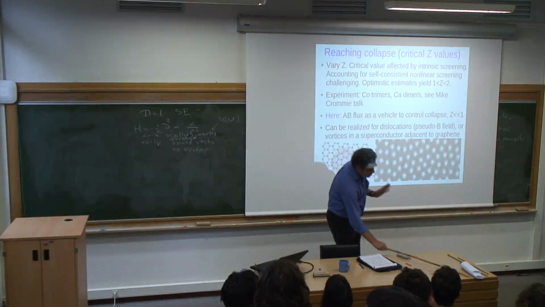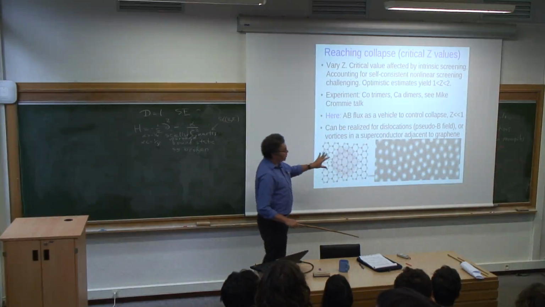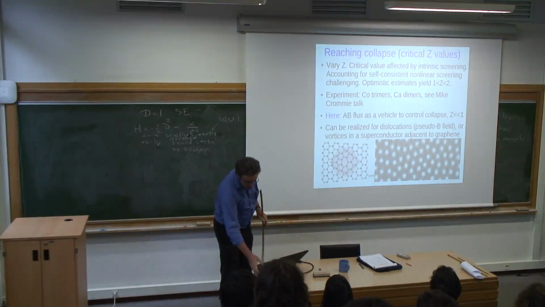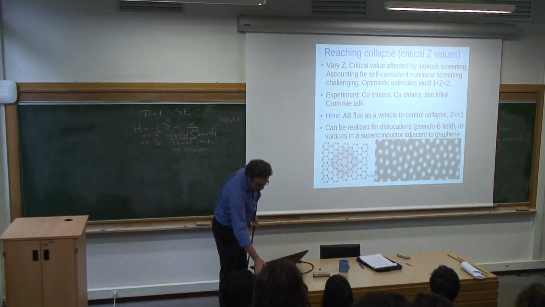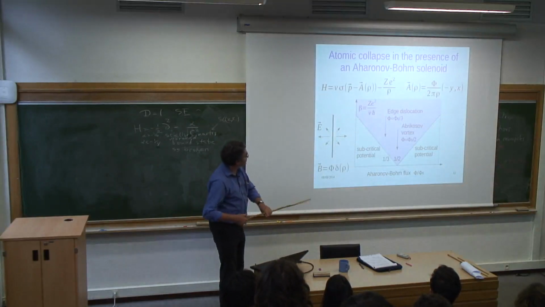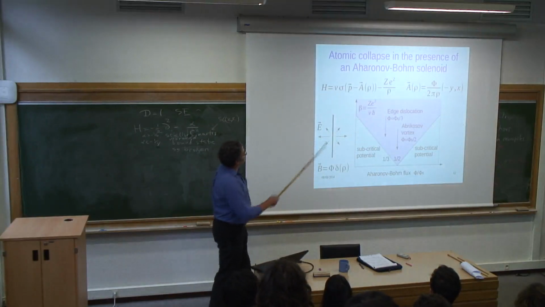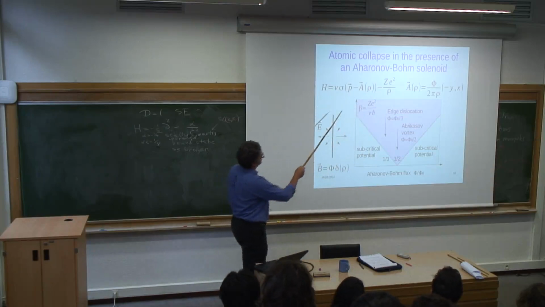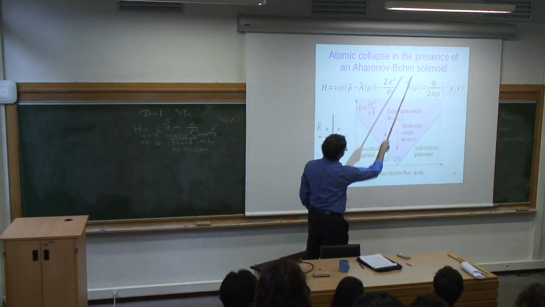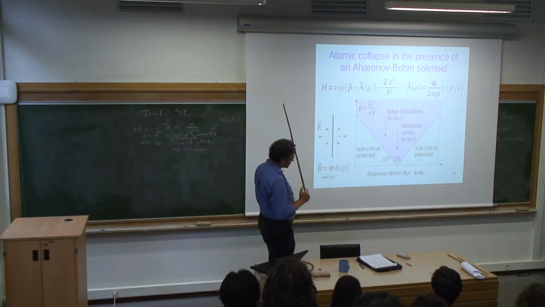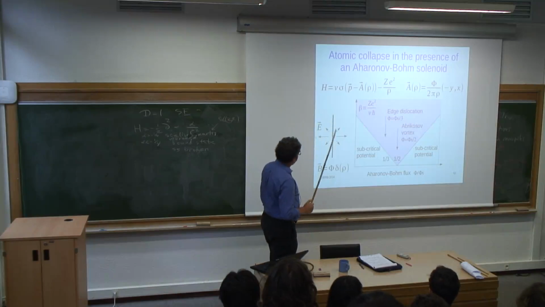If you think more carefully about implementation, in both cases there are difficulties, but at least this is justification to consider this problem on a piece of paper, which is very easy to do. So if you take the Dirac Hamiltonian with Aharonov-Bohm flux with some arbitrary flux phi, then you find several interesting things.